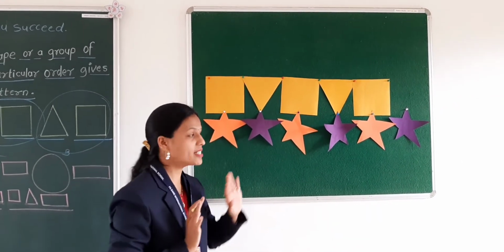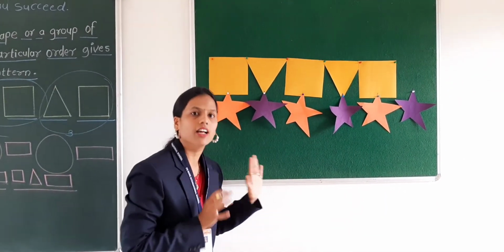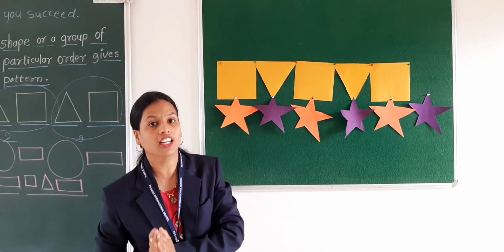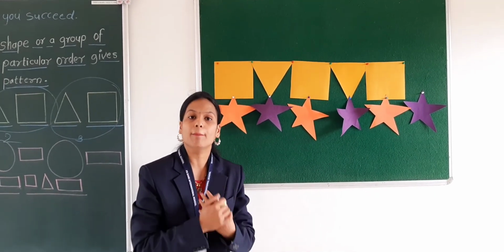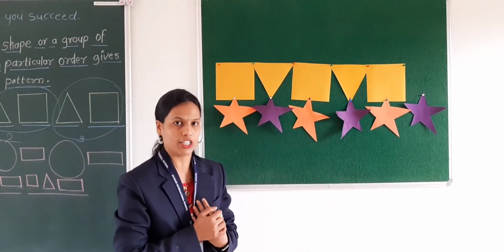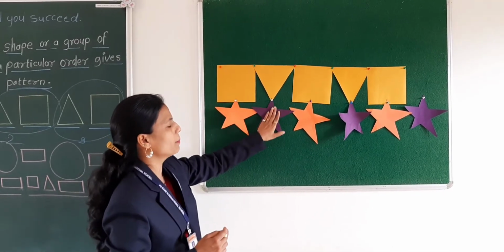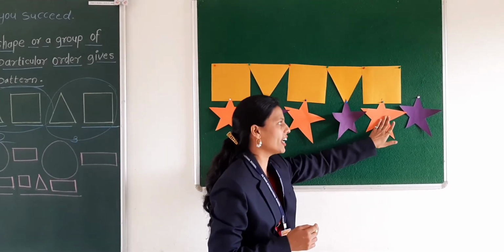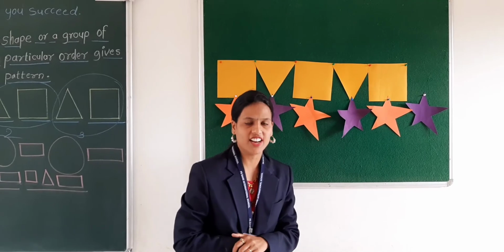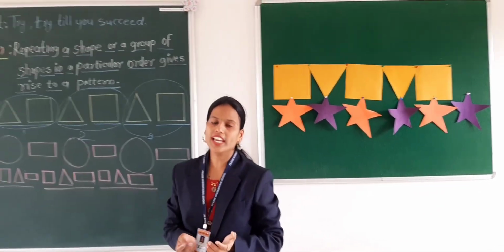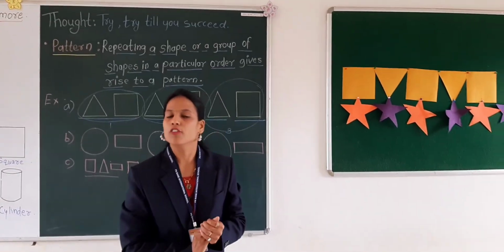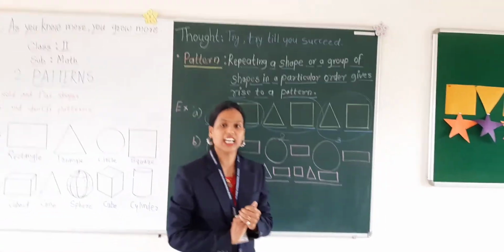Here I am taking the same shape, that is star, but having different color. So we can see pattern in color also, right? Like orange, purple, orange, purple, orange, purple. Right? Understood?